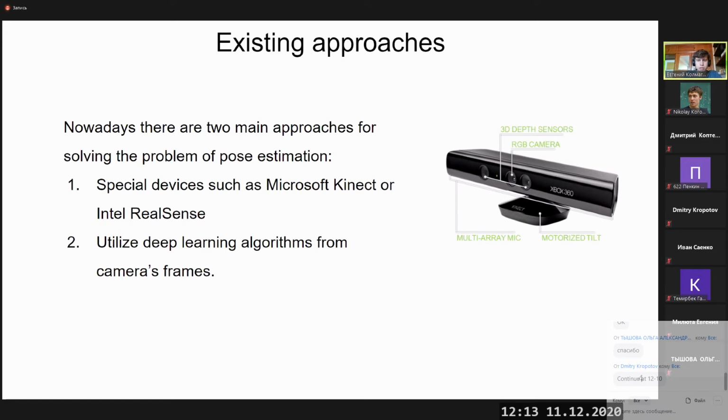The main advantage of such an approach is that they have good enough quality of prediction, but they have two main drawbacks: you should spend money to buy this device, and they work badly in open air. And the second way is to use a deep learning algorithm from a simple camera.